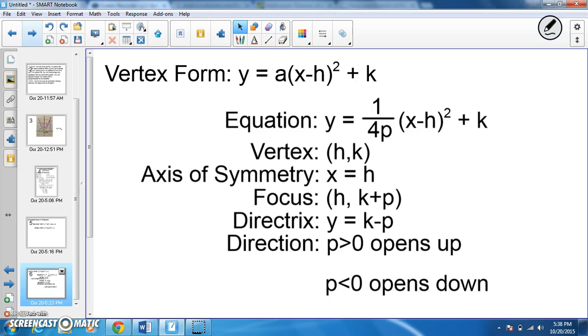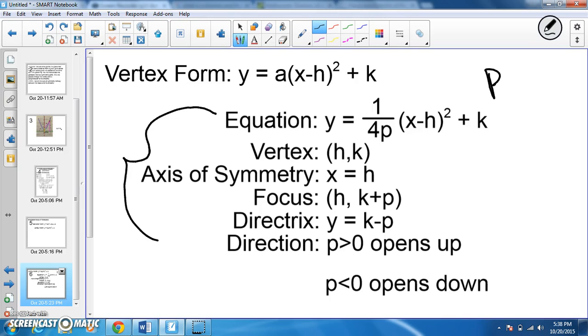So the variable p, when we see p, it represents the shortest distance from the vertex to the focus and to the directrix. And when a parabola is written in vertex form, we can easily identify these following characteristics.